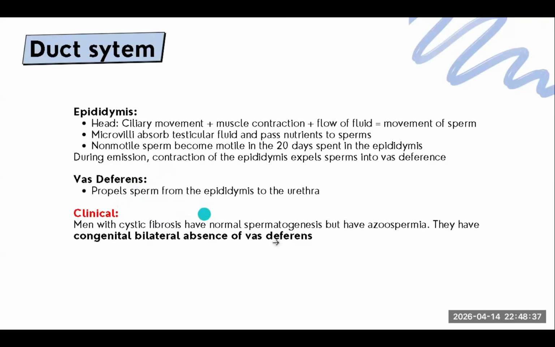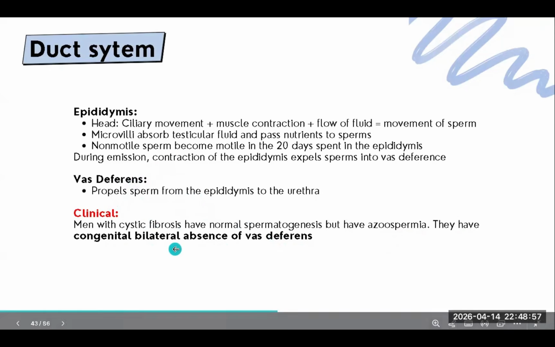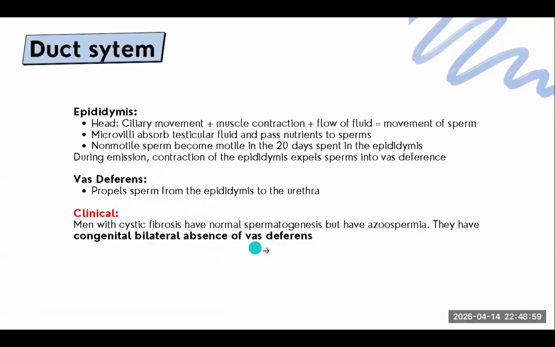Clinical correlation over here is that men with cystic fibrosis have normal spermatogenesis. However, they have azoospermia, which is no sperm in the ejaculate. The reason is they have congenital bilateral absence of vas deferens. Very important, remember this. Congenital bilateral absence of the vas deferens. So the sperm would be produced, however, it will not go to the ejaculate.